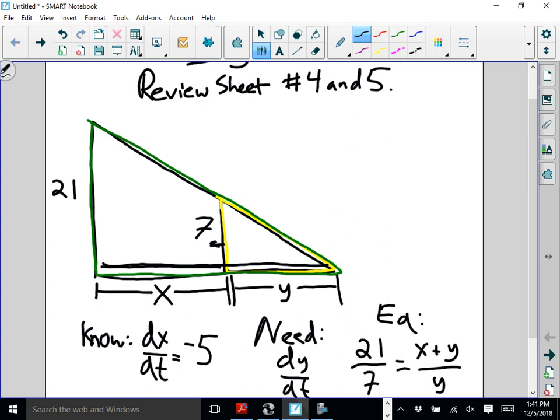The nice thing is once you get it set up, the problem's very easy to solve. Now I don't want to do a derivative right now because I'd have a horrific quotient rule on the right side, and I would need to know what x and y are, and I don't know what they are, and there's no way that I can ever figure them out. So scratch that. Let's just cross multiply and get this to a simpler equation.